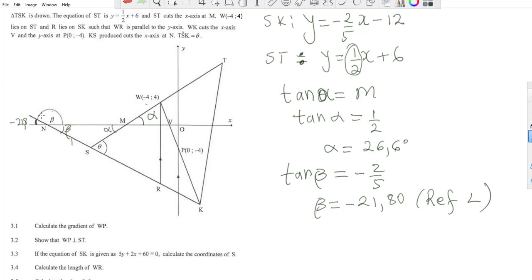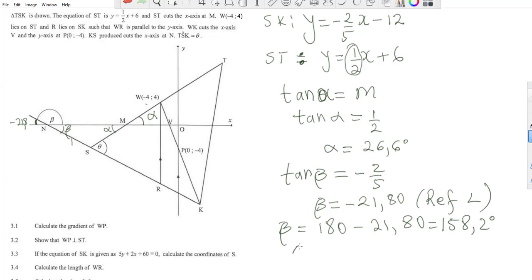So what will be the angle beta? Beta will be equal to 180 minus 21.80. So the answer will be 158.2 degrees.